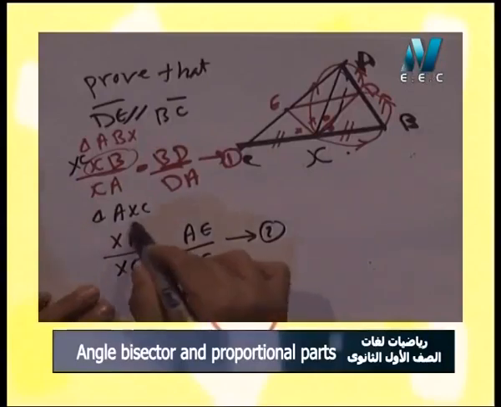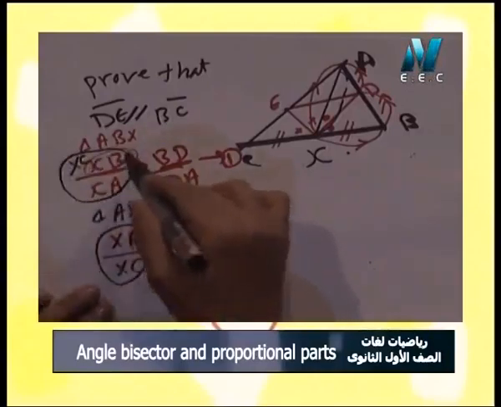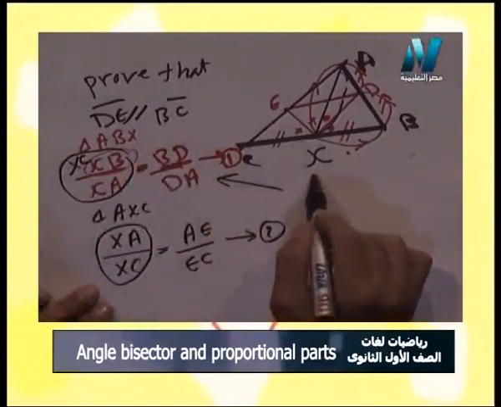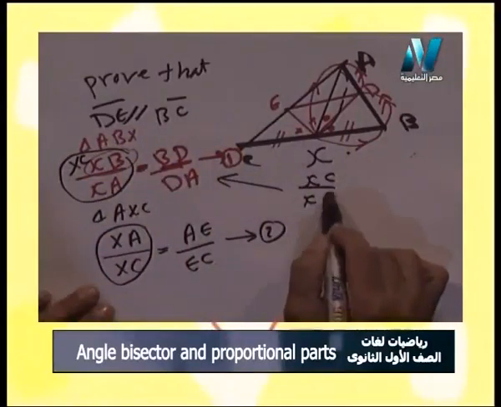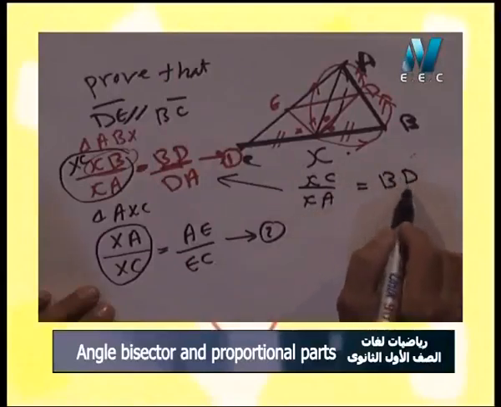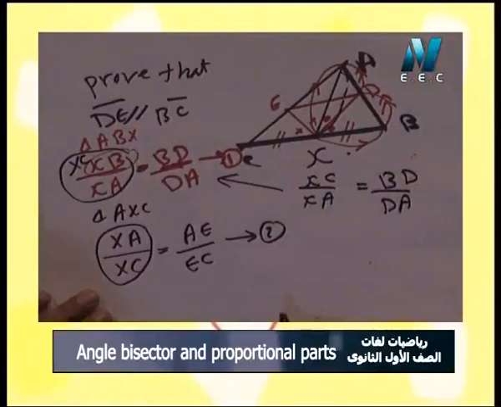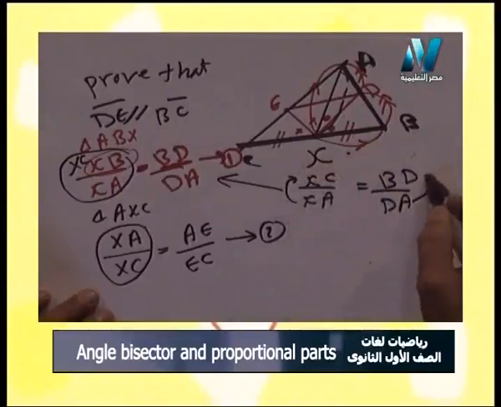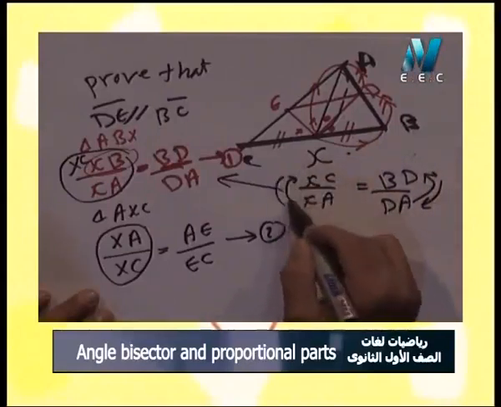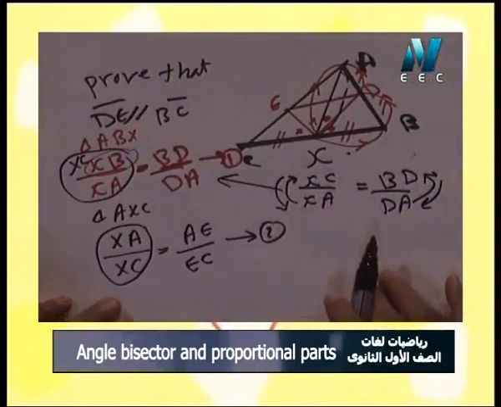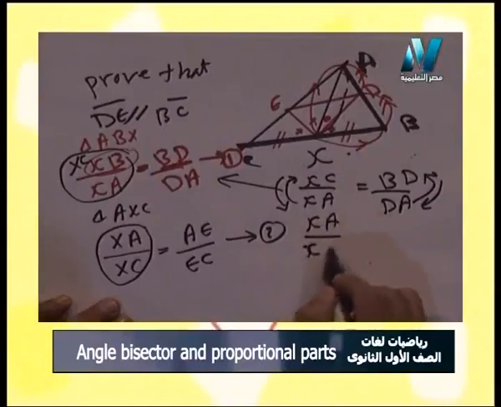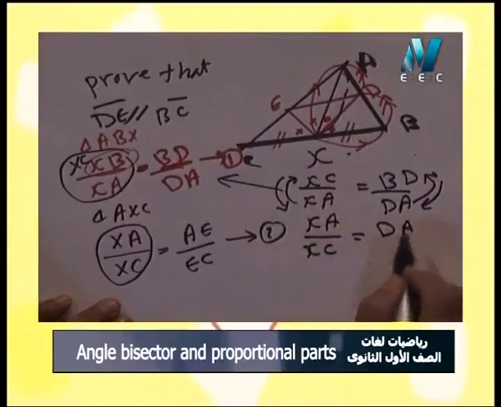We have XC over XA equals BD over DA, and we can turn the ratio upside down: XA over XC equals DA over BD.